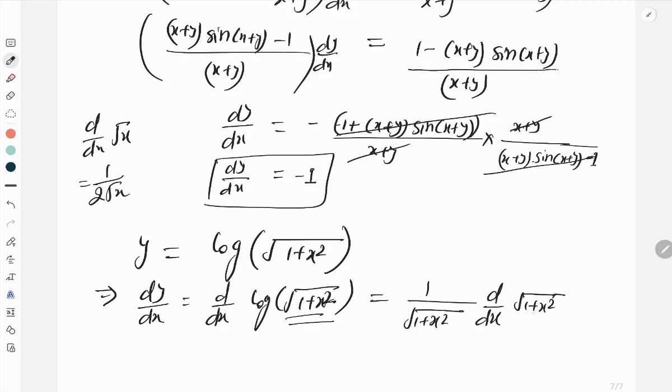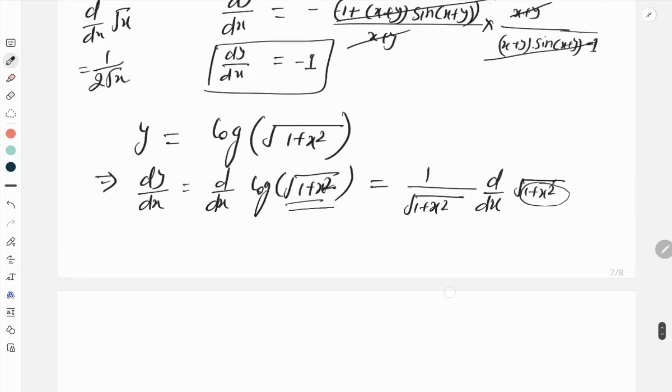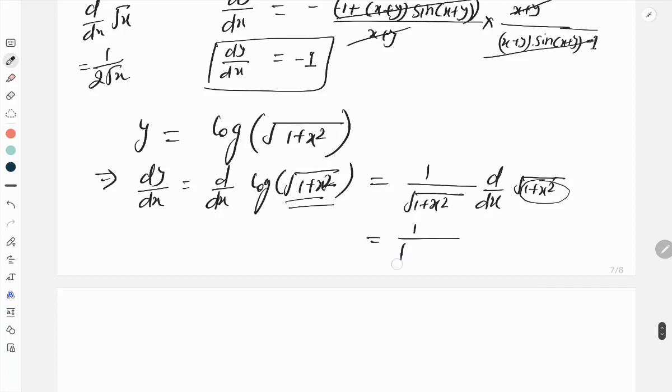Again you will say, sir, it is working like root x. Okay, in my mind it is a root x type, I am assuming that this is x, so it will be 1 upon 2 root x, with 1 plus x square in the place of x. And again because it is not x, I will write the derivative of this one again, d/dx of 1 plus x square.